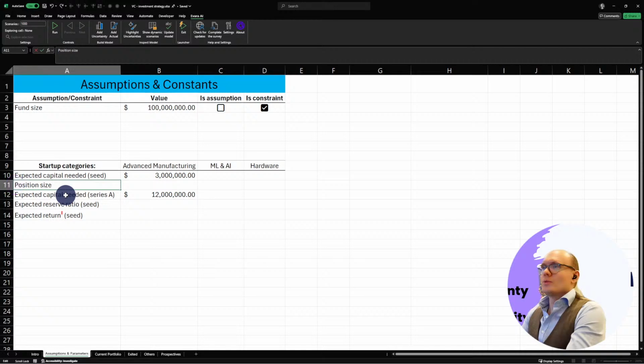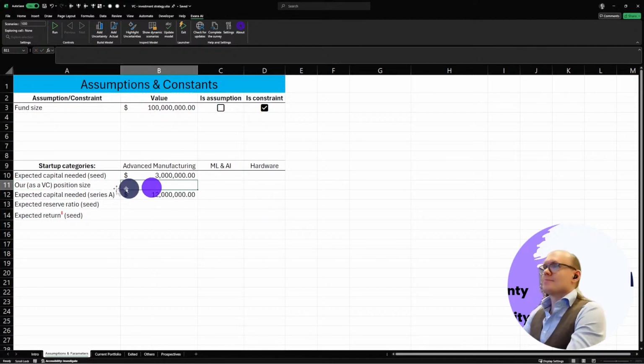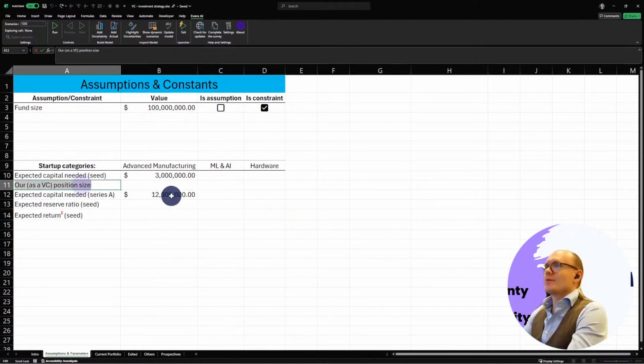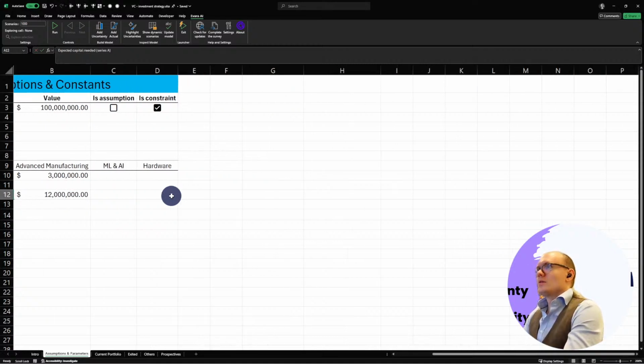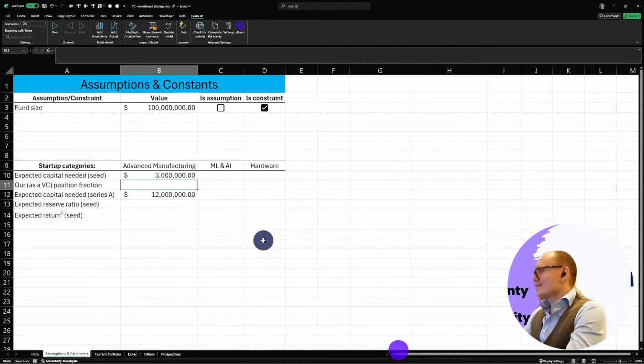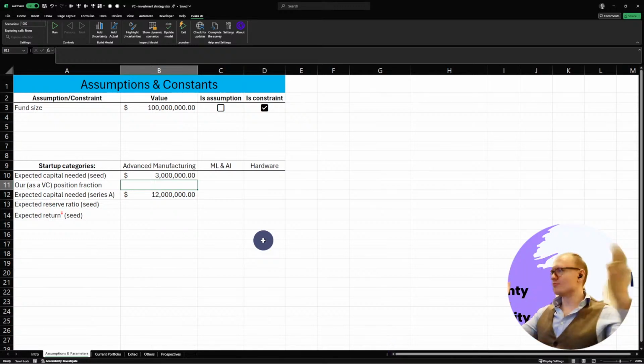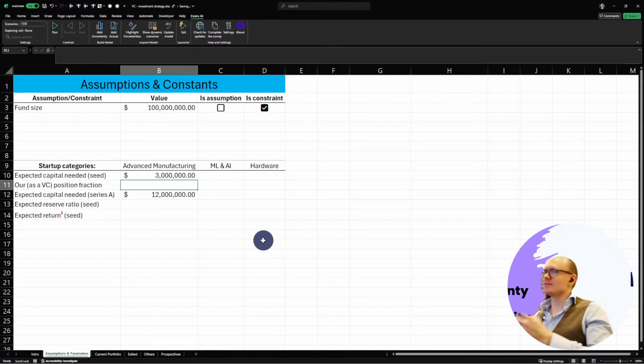So we'll call this here our SAVC position size, or fraction rather. And again, just to reiterate, this is just a way to do it. You could write this in any other way you would like. This is a quick first pass.